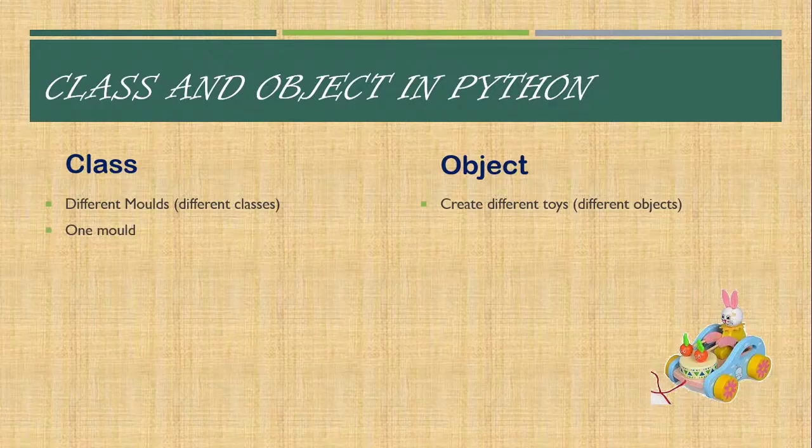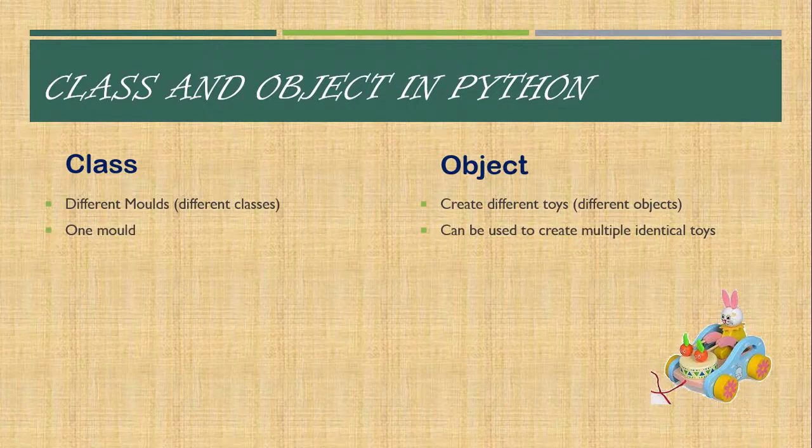Okay, over here, by using different molds we can create different toys. But if we use a specific mold, we could create multiple identical toys by using that one mold. In the same way, when we first create an object of a particular type, the term we use is instantiation, because in programming we say that an instance of a particular class, that is an object, is created.